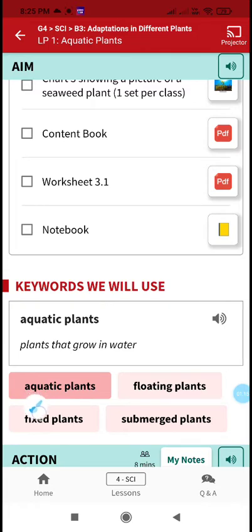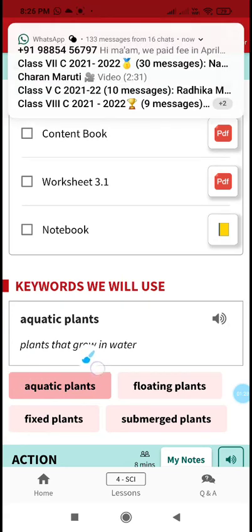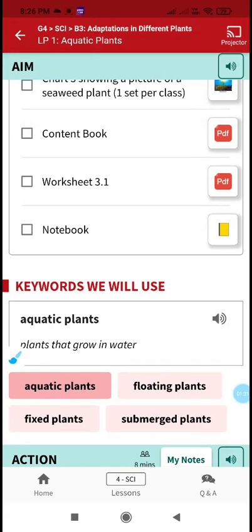So the first word is aquatic plants. Aquatic plants means plants that grow in water.